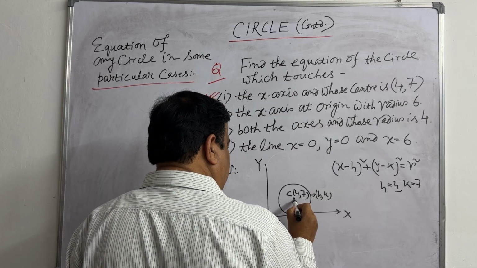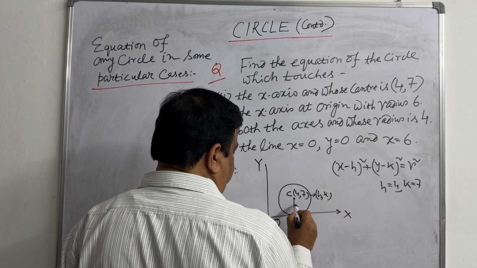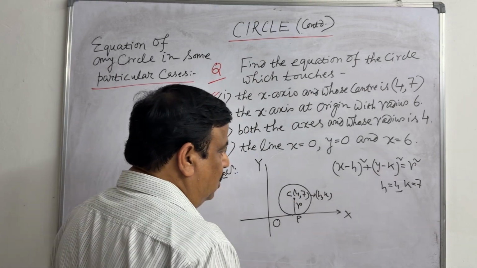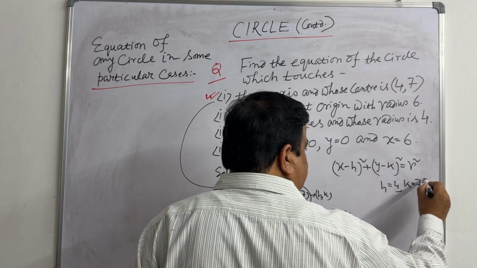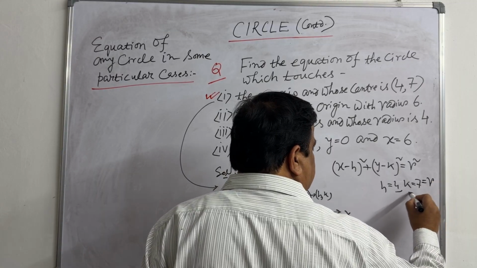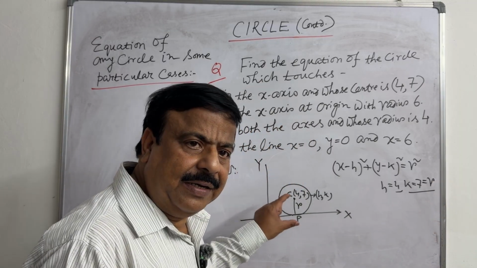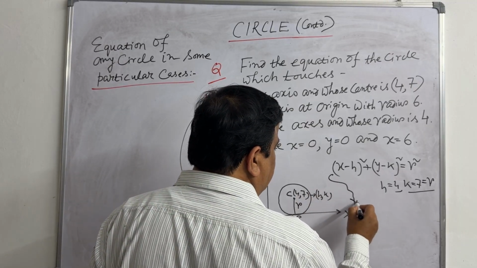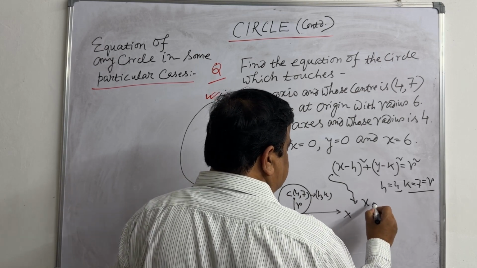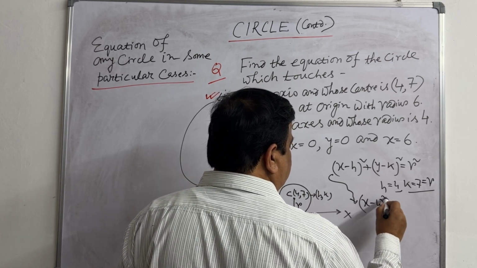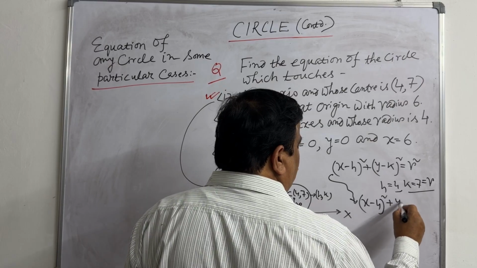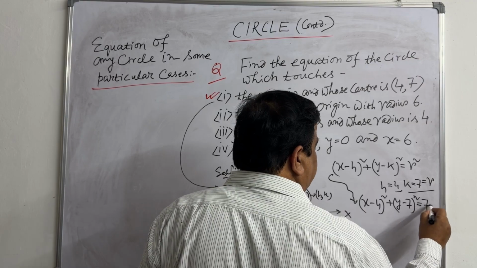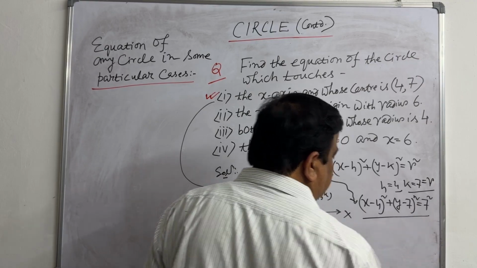And if you join CP, this is equal to k, and this is nothing but the radius. So obviously, k is equal to the radius of the circle. Clear? Put these values in this equation. So this is (x minus 4) whole square plus (y minus 7) whole square equal to 7 square. So this will be the equation of the circle.